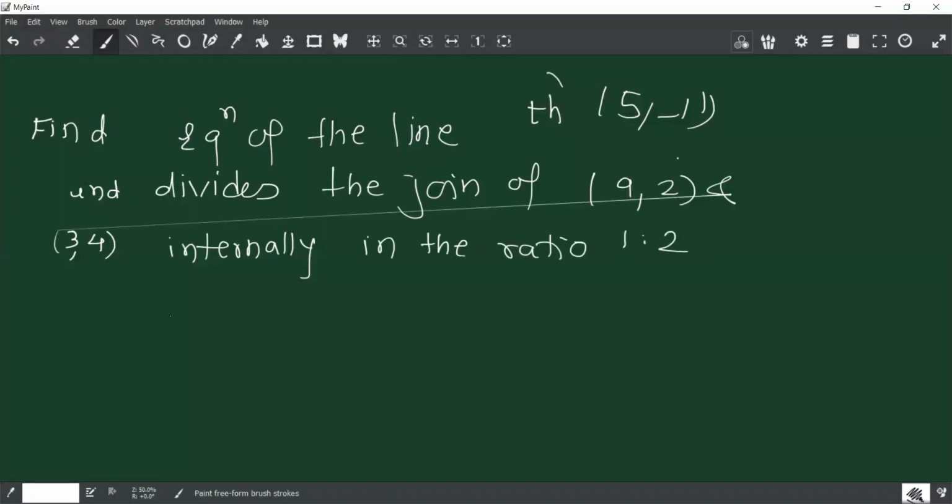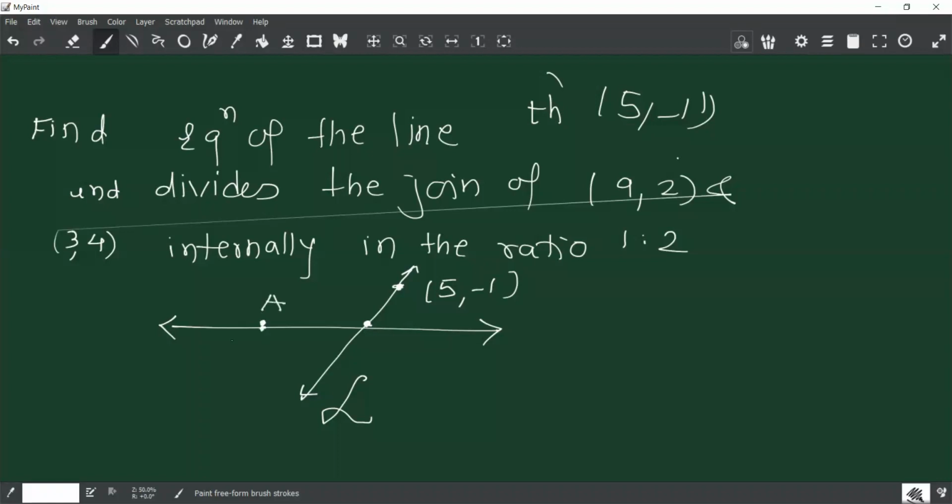You know what it means? This is a straight line and this is our required straight line L. Now this line is passing through 5 comma minus 1 and it passes through this point which divides, says this is point A which is 9 comma 2 and B which is 3 comma 4.